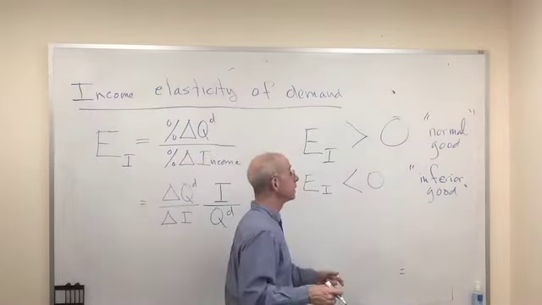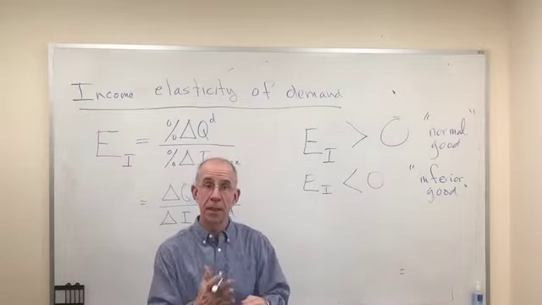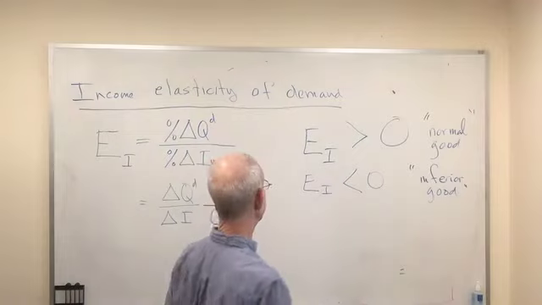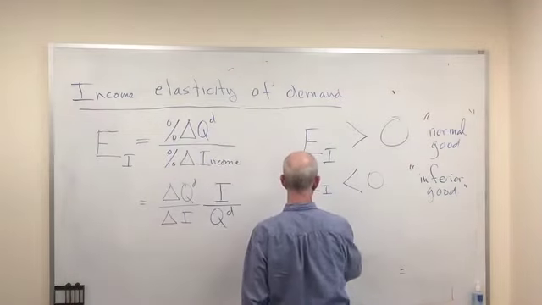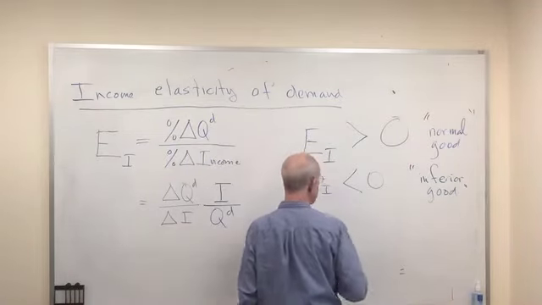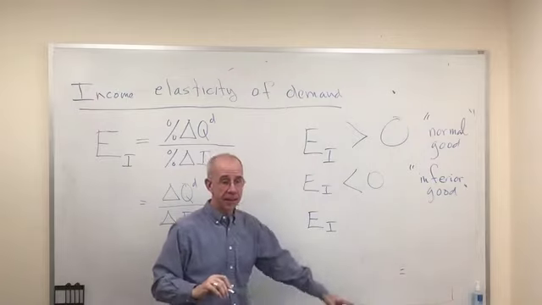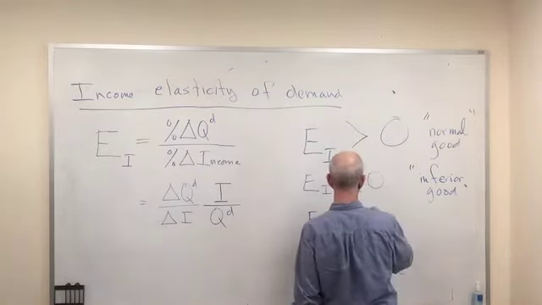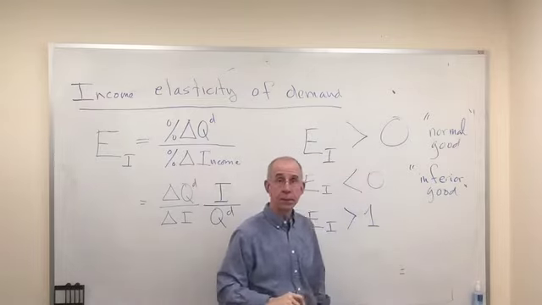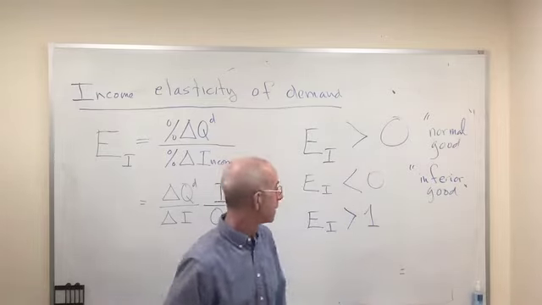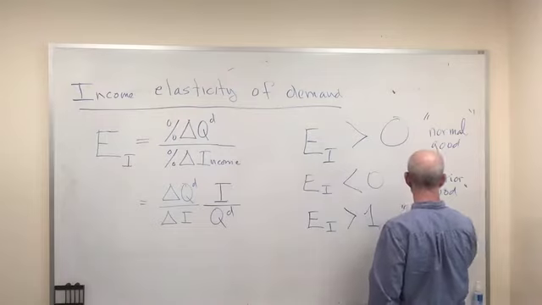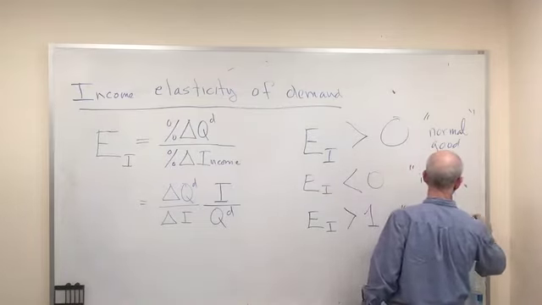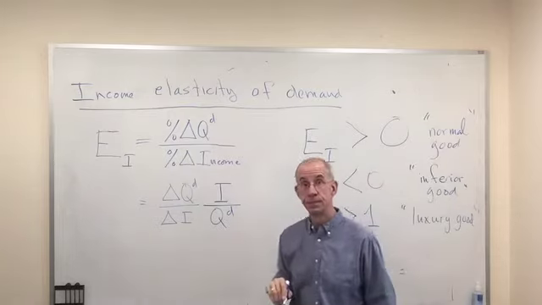Now, among the normal goods, we can divide this up even more finely. If the income elasticity is greater than 1, that's what's called a luxury good.